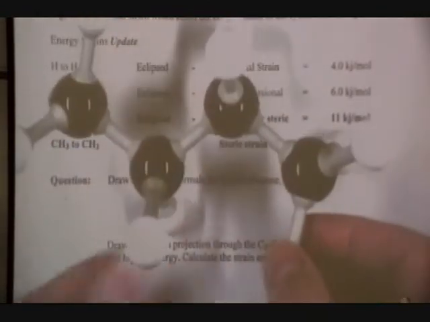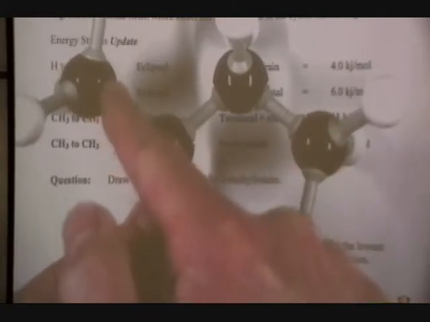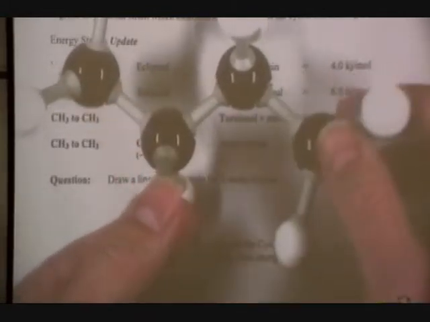We rotate around again. So now the two groups, there's our carbon-2 to carbon-3 bond that we've been looking at. And now the first and last methyl groups are actually staggered 180 degrees from each other.